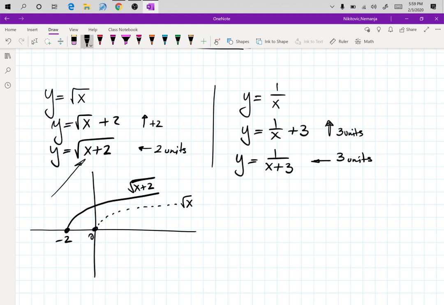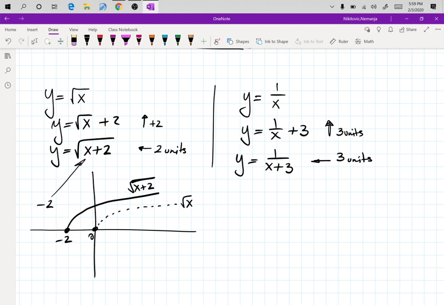If you plug in a value of 0, you will have a square root of 2, which is this value here. If you plug in a -2 for that x, which is this value, well, -2 plus 2 is 0, and square root of 0 is 0. So you see that the y value of this point is 0. So it works. Okay.